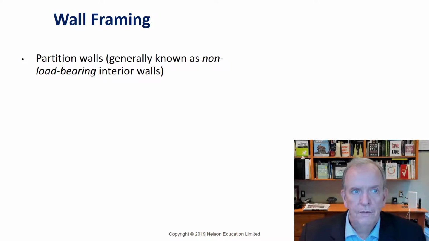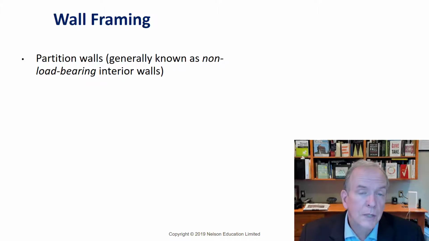So we have wall framing, partition walls, generally known as non-load bearing walls. And by the way, you should be able to know the difference between the different types of walls. So if you hear the term partition wall, we're referring to a non-load bearing wall. Unfortunately, sometimes people just call walls partition walls, but really the technically correct name is non-load bearing wall.